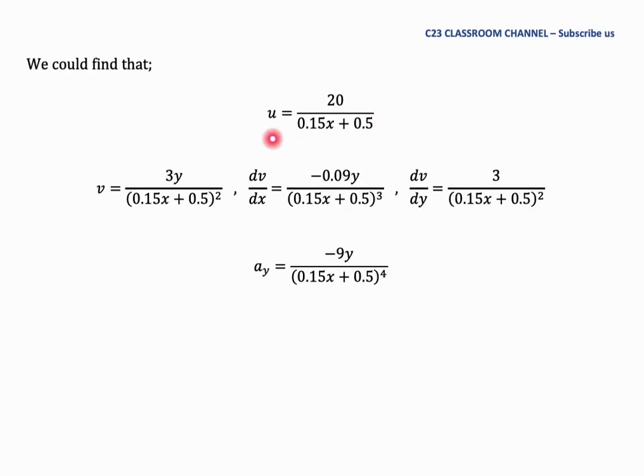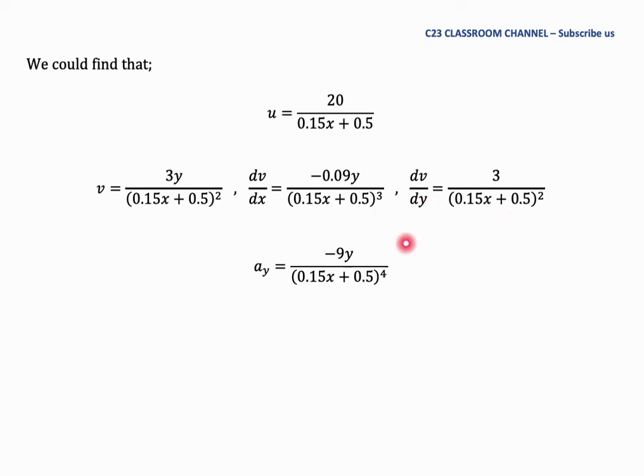From the previous calculation, we know u is equal to this term, and from the last calculation we got the value of v. Then we can differentiate these terms to get dv/dx and dv/dy.